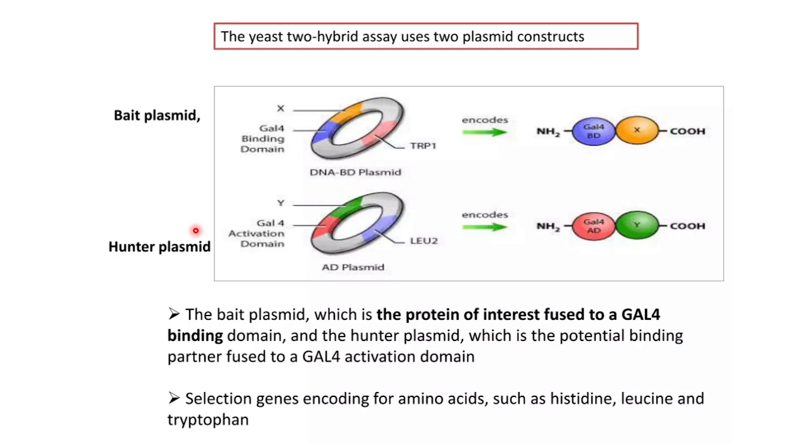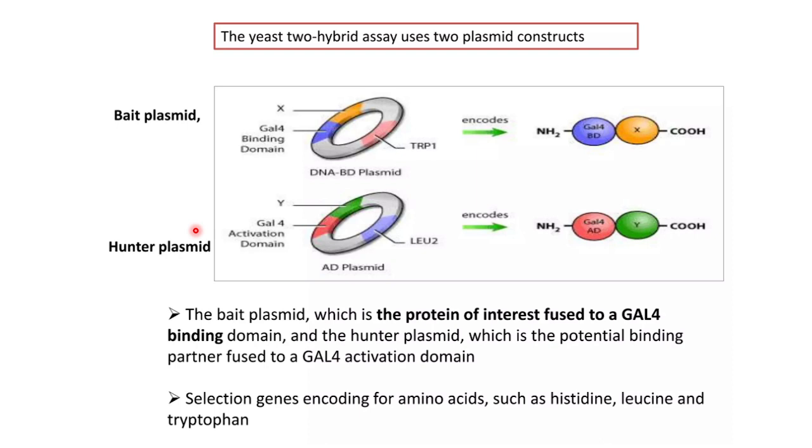So here you have the bait plasmid and the prey plasmid. You can see the bait plasmid has a GAL4 binding domain, then you have the TRP1, you have the X, that is your protein, and it encodes for a particular gene.